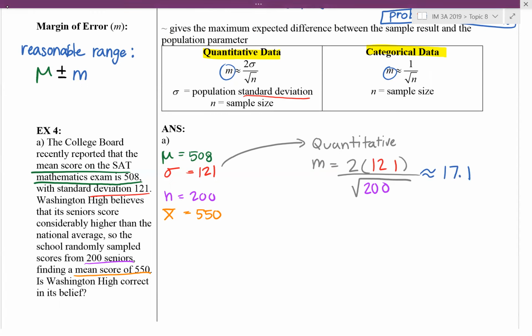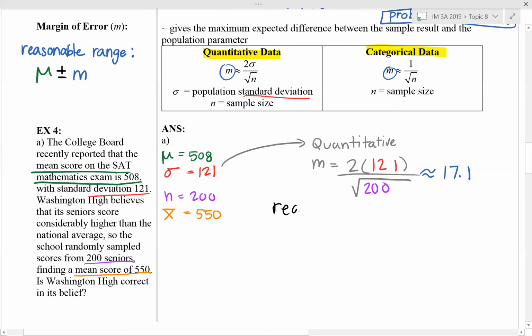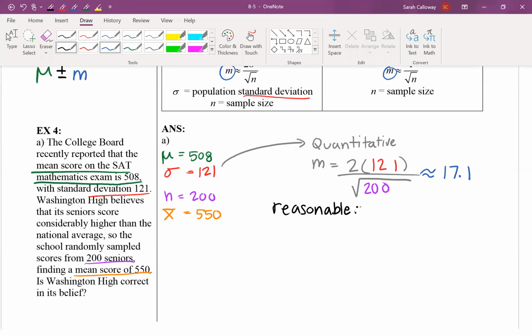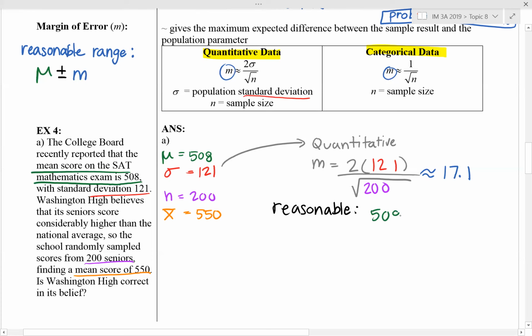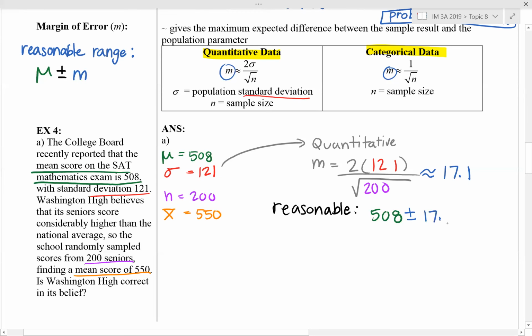So what I want to look at then is what is the reasonable range of means. Reasonable values would be the population mean, which is 508, plus and minus my margin of error, which is 17.1.